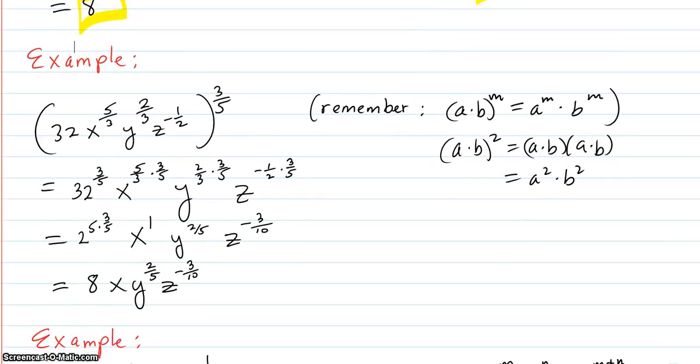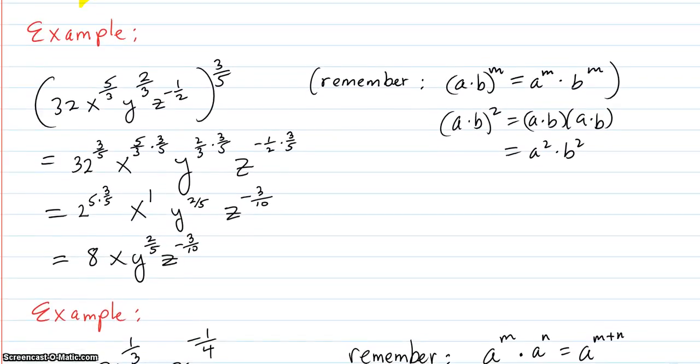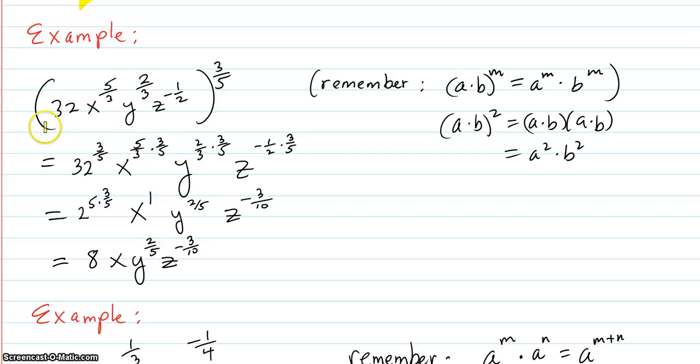Another example. We have this example here. We're going to multiply these exponents on everything. And why is that? Because remember, a times b to the m is a to the m times b to the m. For example, ab squared is ab times ab.